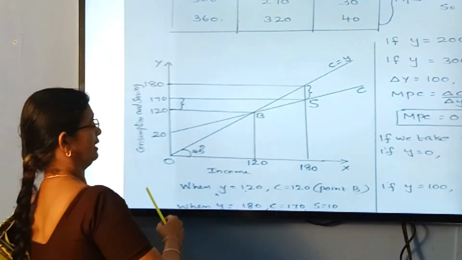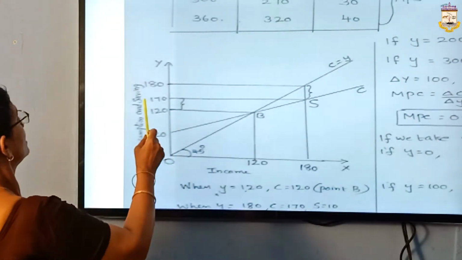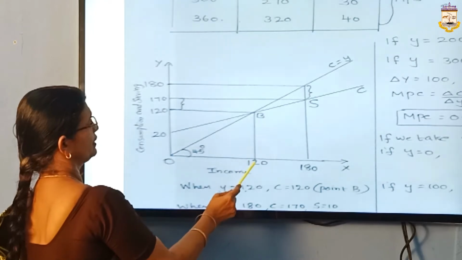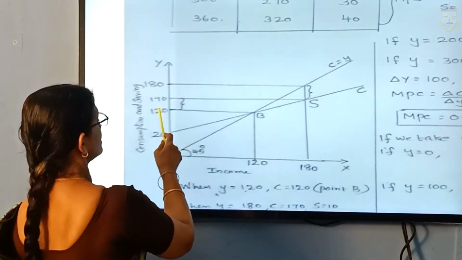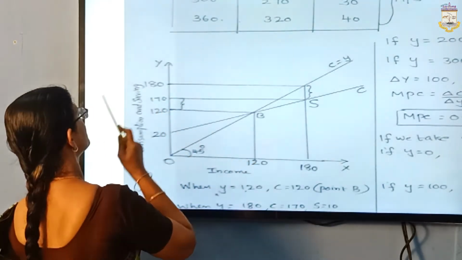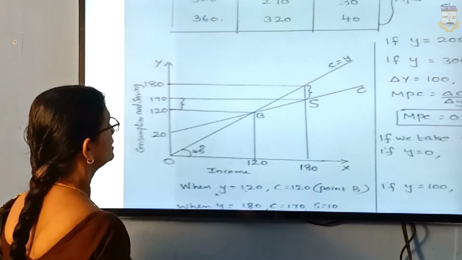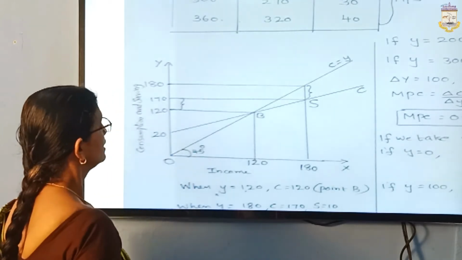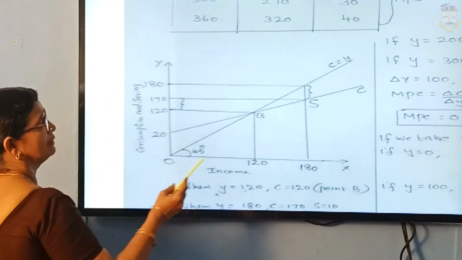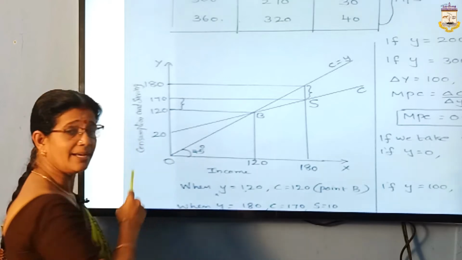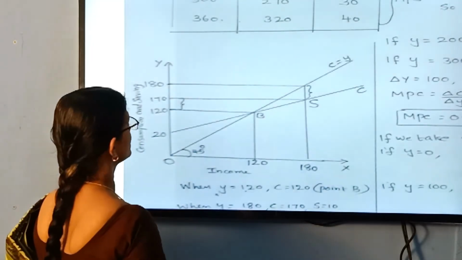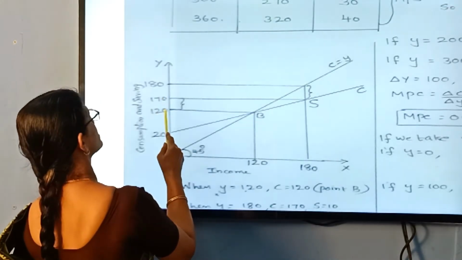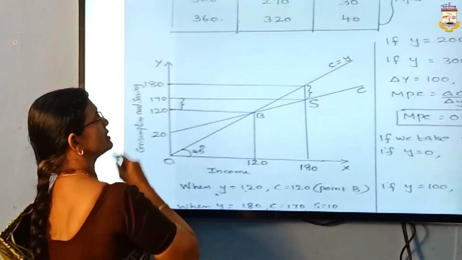So in that case, when income is 120, consumption is 120, but when it increases from 120 to 180, what is happening? Income increased by 60 crores, but consumption not by 60 crores but by 50 crores. How much? 120 to 170.